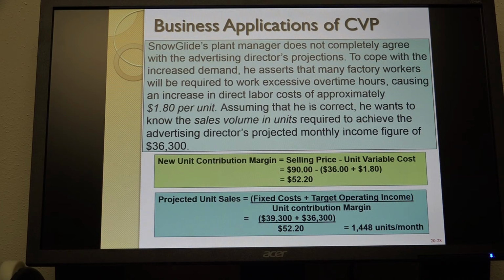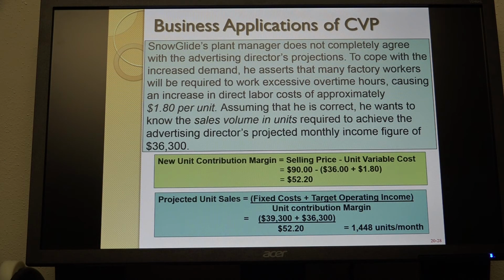Okay, so here we're taking the selling price. The new unit contribution margin is figured out by taking the selling price and the new unit variable cost. In this case, the $36 per unit cost plus the $180 per unit cost in additional labor.